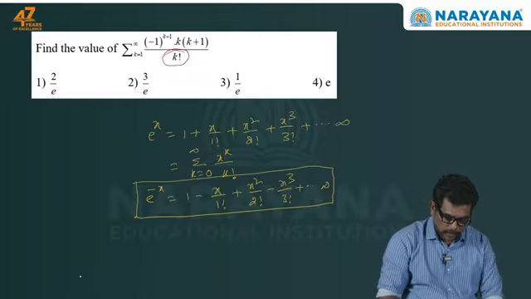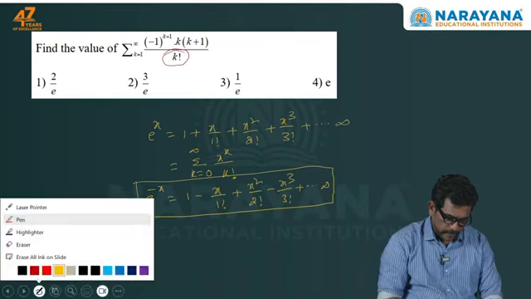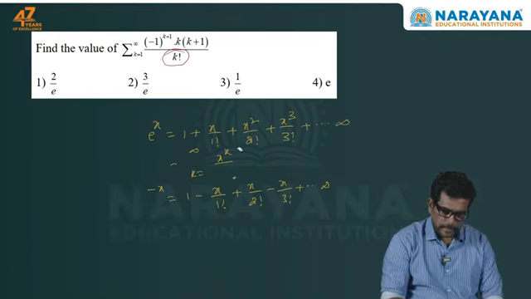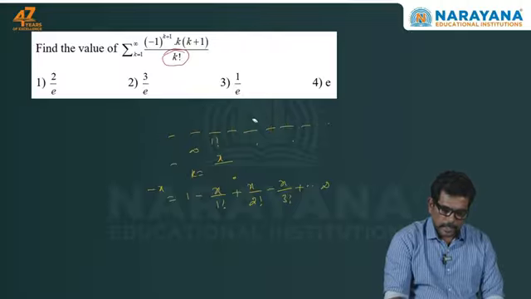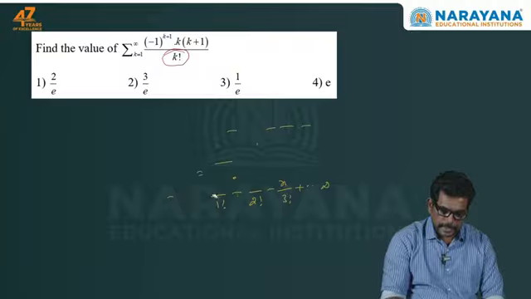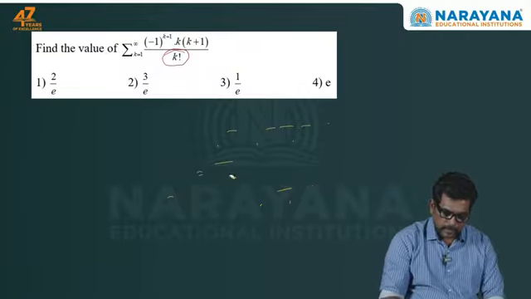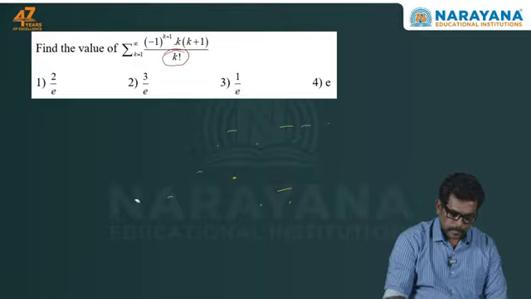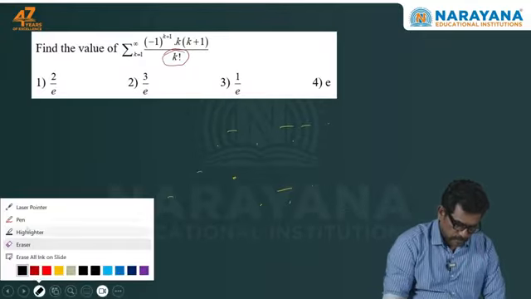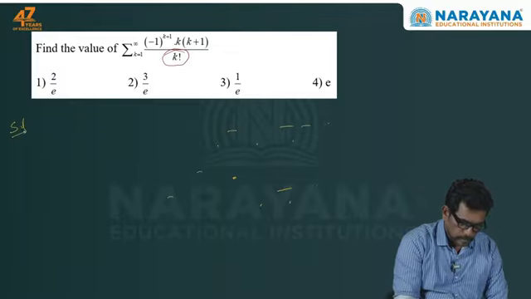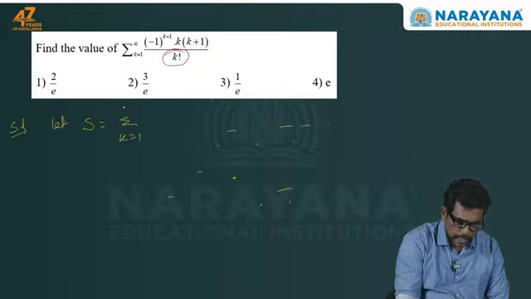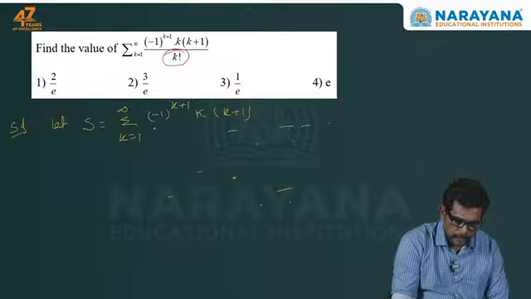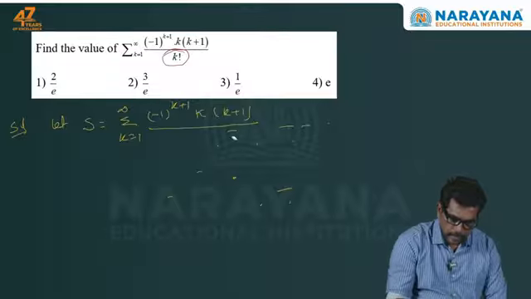Now we are solving the given problem. Suppose I am taking the total sum as S. Let S is equal to summation k is equal to 1 to infinity, minus 1 whole to the power of k plus 1 into k plus 1 upon k factorial.